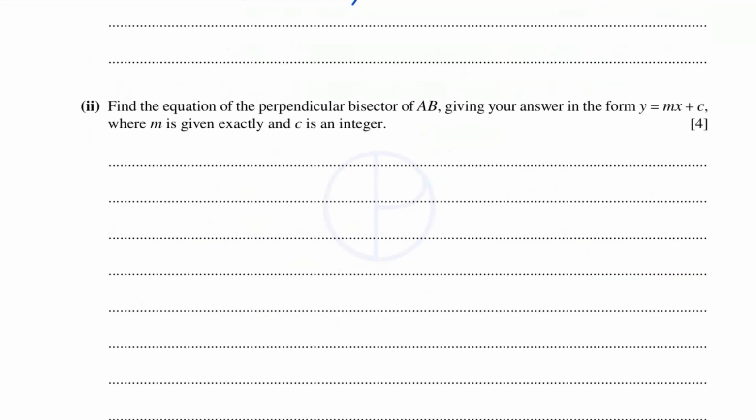The next part of the question is, find the equation of the perpendicular bisector of AB. What do you mean by perpendicular bisector? This is AB. This is the midpoint. So a line which passes through the midpoint of AB, and here the angle is 90 degrees.